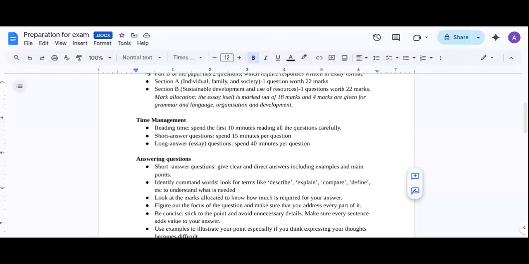Now, of course, once you would have studied and the content is there, you may not spend an entire 15 minutes on a question, or you might not spend the entire 40 minutes on the long answer essay question. So that means you will always have extra time. And when we say extra time, we just mean extra time if you would have finished the questions in less time than was suggested.